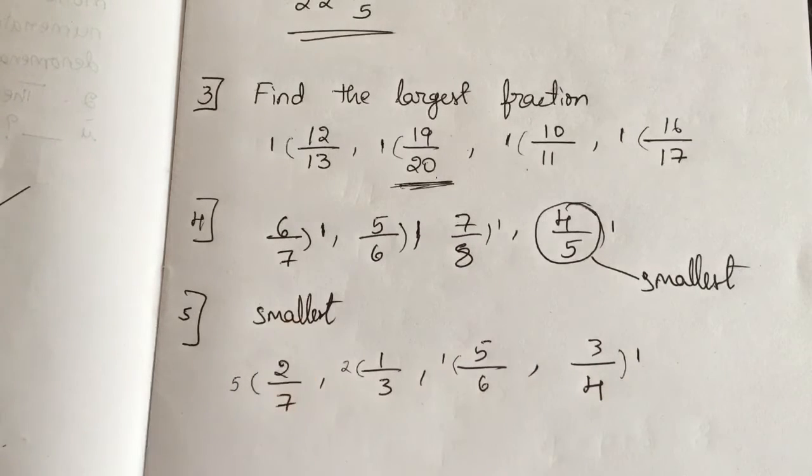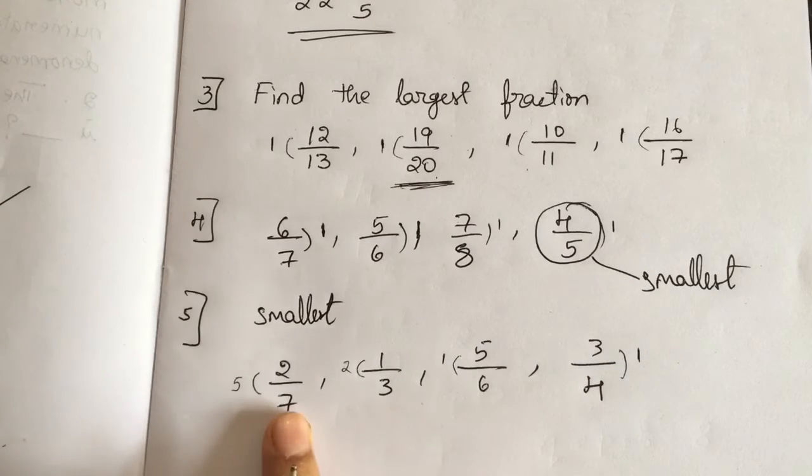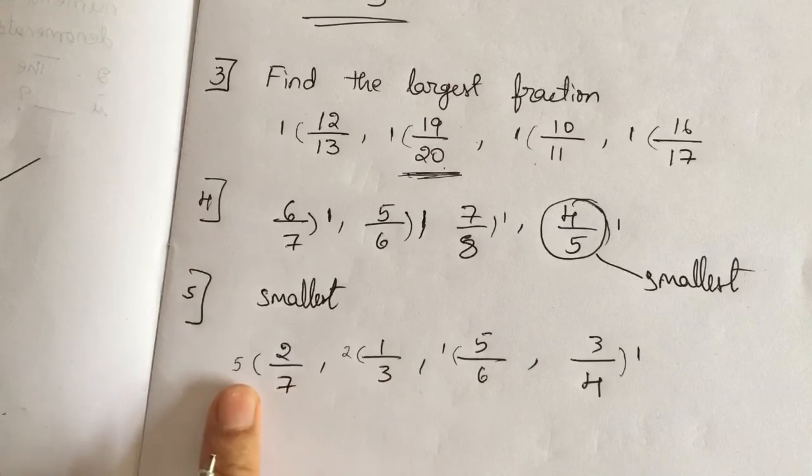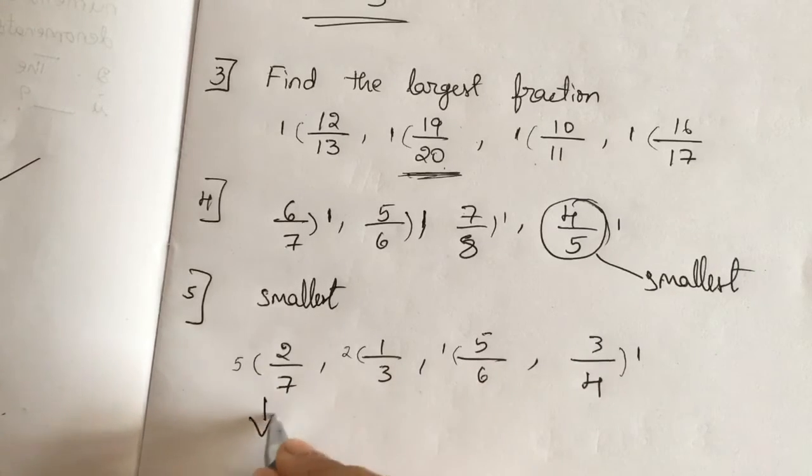But I want to find the smallest one, so if the difference between the numerator and denominator is more, then that fraction is the smallest one, right? So when I consider these two, this has the highest difference, so this is the smallest one.